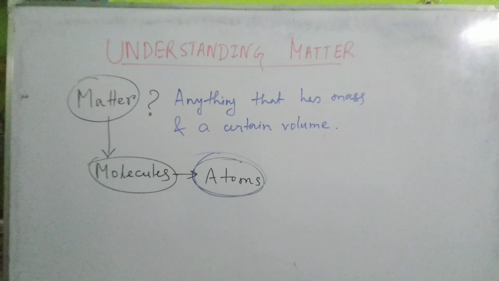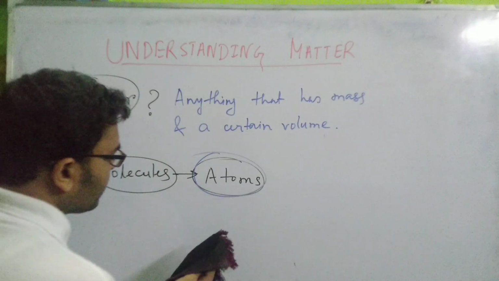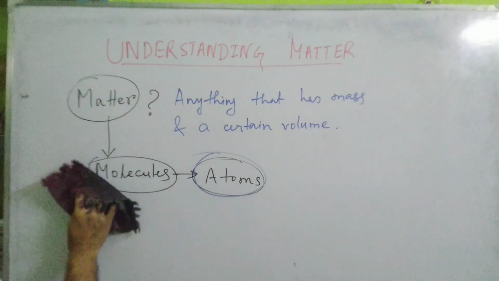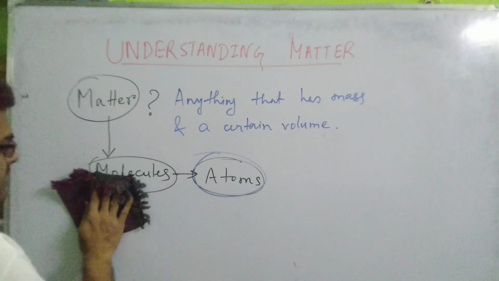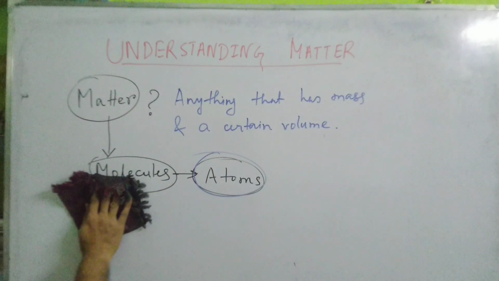So what are atoms? Now let us understand what atoms are. As you can see, any matter is ultimately made up of atoms. So it can be considered as the basic unit of the structure of matter.